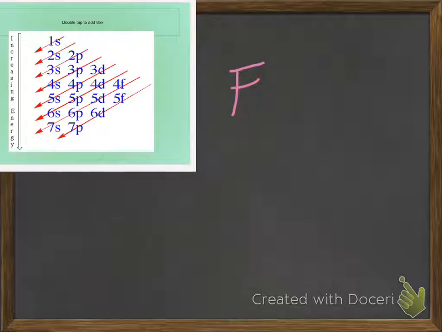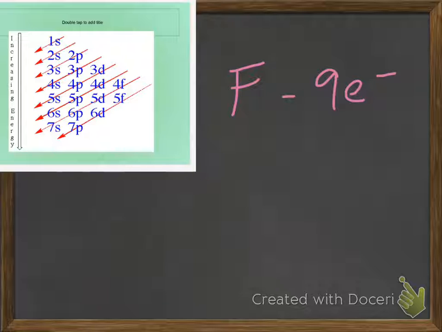Fluorine's always fun. You got your periodic table out? You should. Get your periodic table out now. Fluorine's got 9 electrons. We're going to start off by doing the orbital notation. So I'm going to do the orbital notation in white chalk, digital chalk.